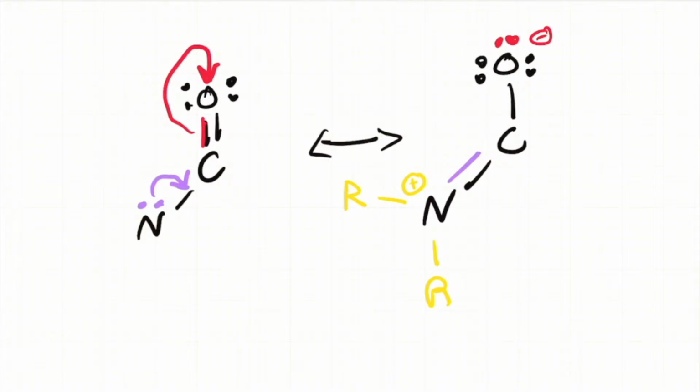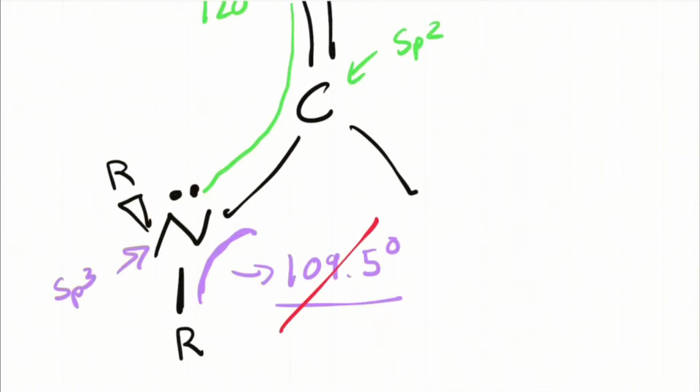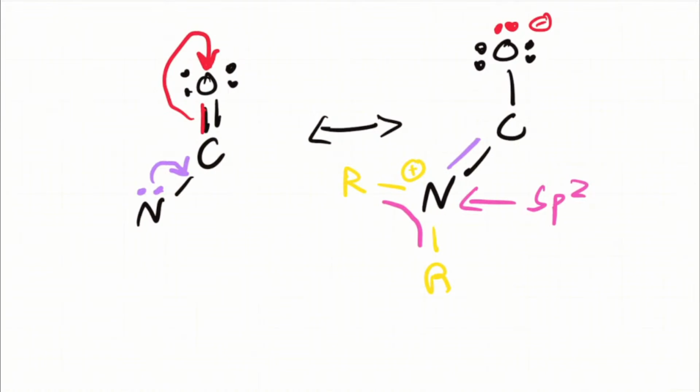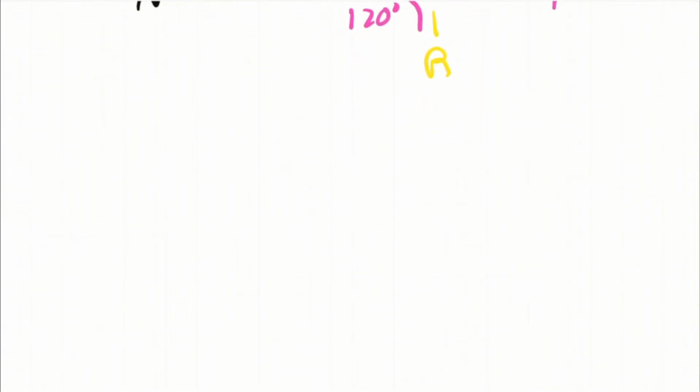Now a student would say, well, looking at this picture, I would assign this nitrogen to be sp2, changing now the bond angle from before we saw it as 109.5 to seeing that in another perspective, we could draw a picture that shows it has 120 degrees. And so because this resonance structure exists, the amide bond is actually quite planar.